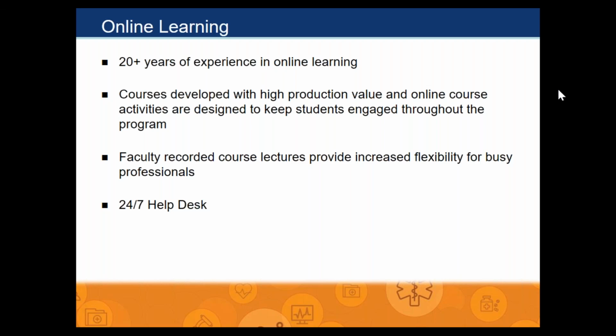If things come up at work or family matters come up, we're very flexible in helping students work around those things, so that the program of learning doesn't get in the way, but is really a good part of what you do. And there's always access to both faculty and help at any point during the term. Next slide.